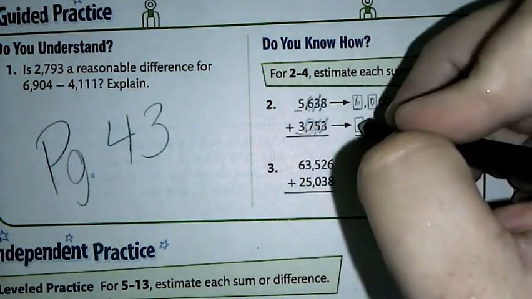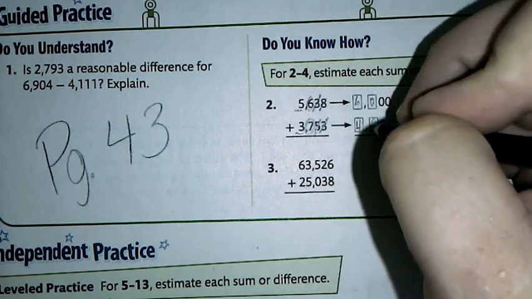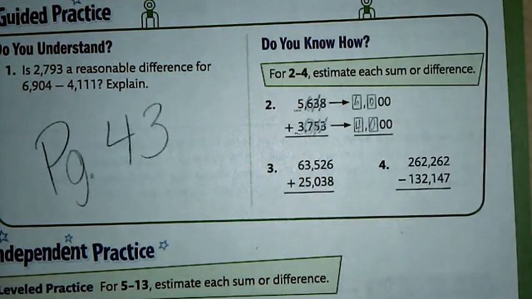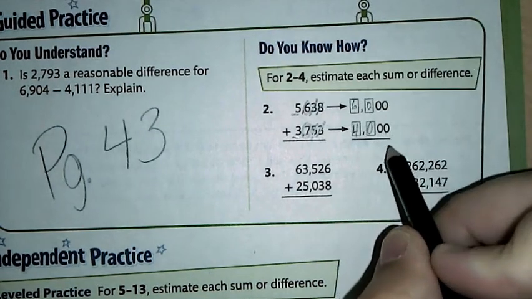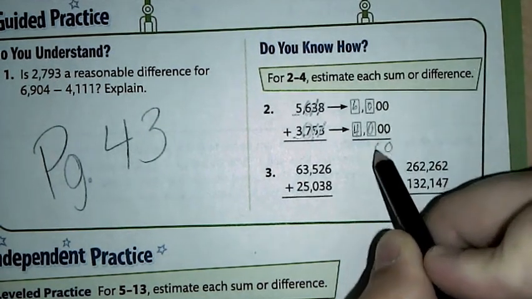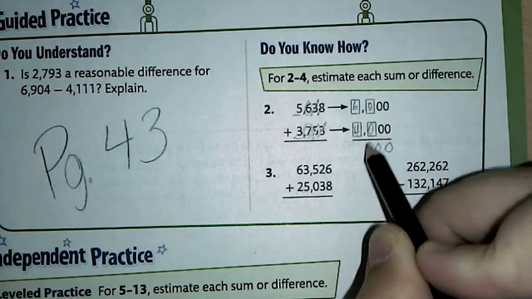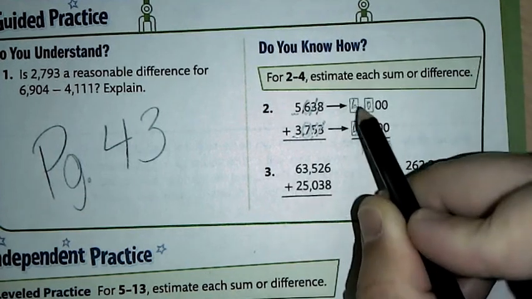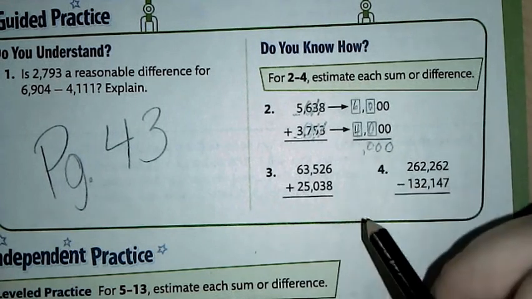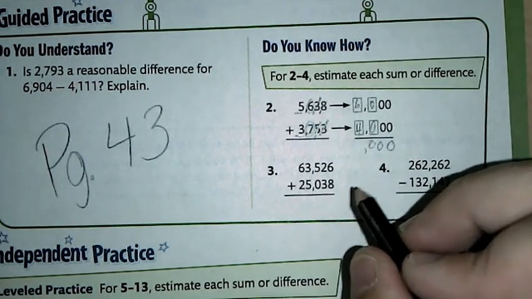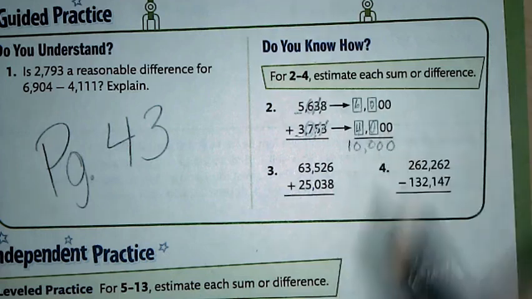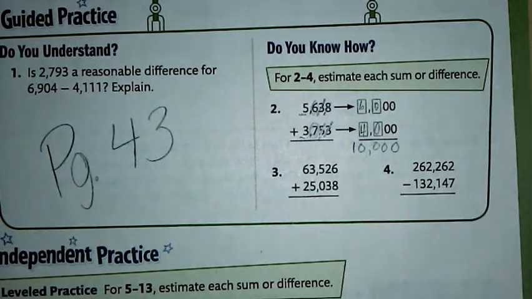So it's going to tell my 3 to turn into a 4, and then I have a 0 there. This becomes really helpful because 0 plus 0 is 0, 0 plus 0 is 0, 0 plus 0 is 0, right? All those are zeros. Now I just need 6 plus 4. 7, 8, 9, 10. So my answer there was 10,000.